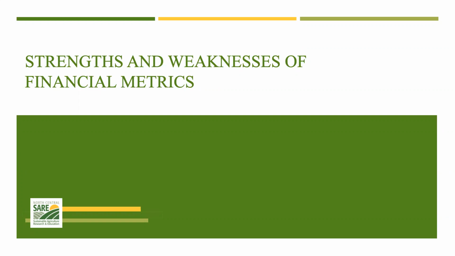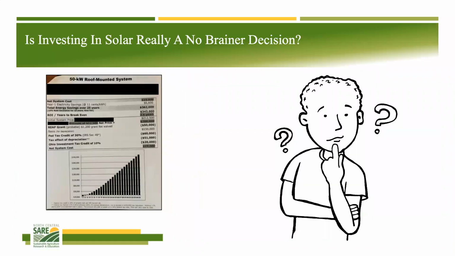This session is not necessarily geared towards making you a financial advisor, but I do think it's important that we spend a little bit of time talking about time value of money and how that influences different financial metrics that we could use to evaluate these projects. And again, we go back to that idea of, well, is this really a no-brainer decision? It's a 2.5-year payback.